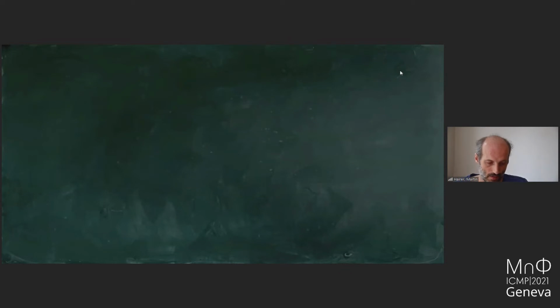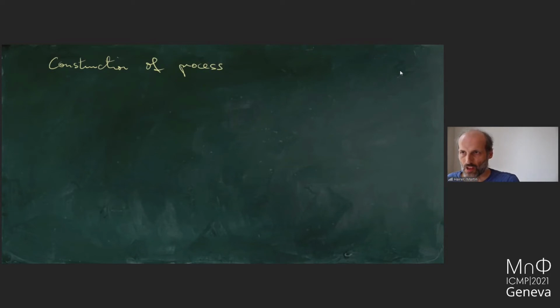So, the construction of the process. Here I'm just going to use brutal black box results, so please trust me. I'm not going to go into the details of the construction, because that would take way too much time.